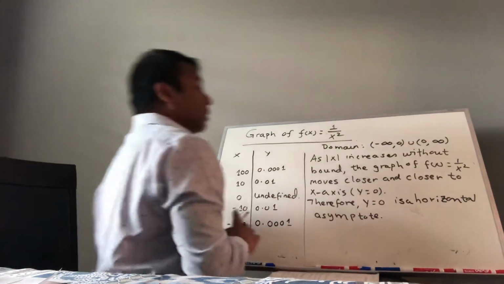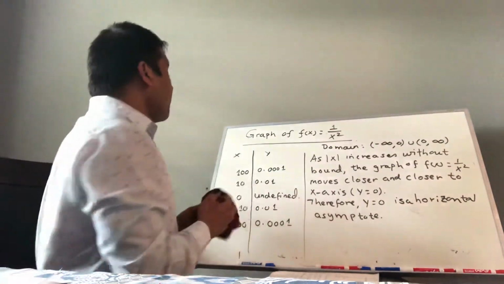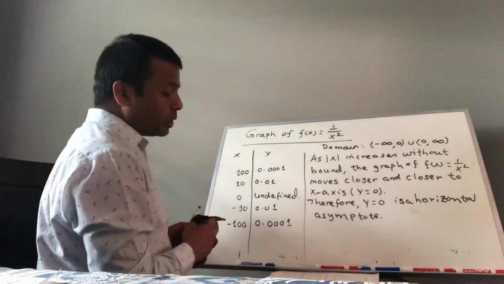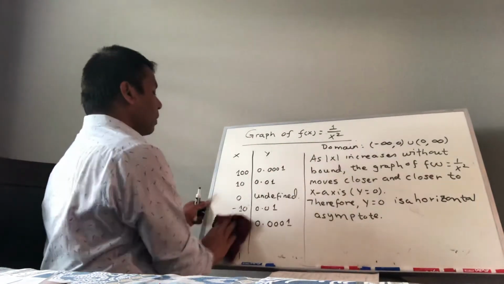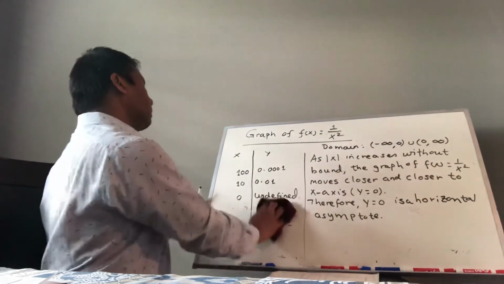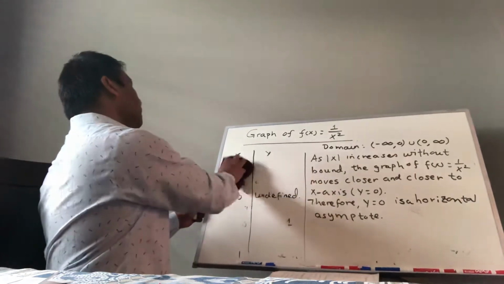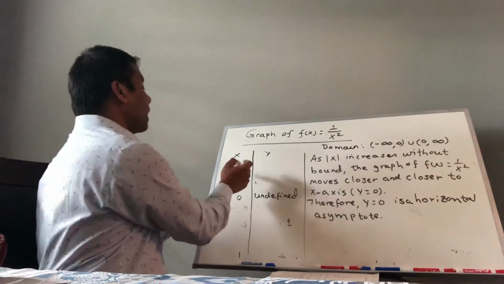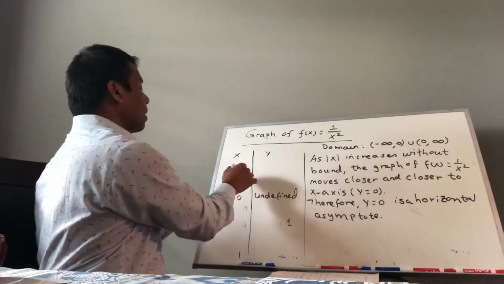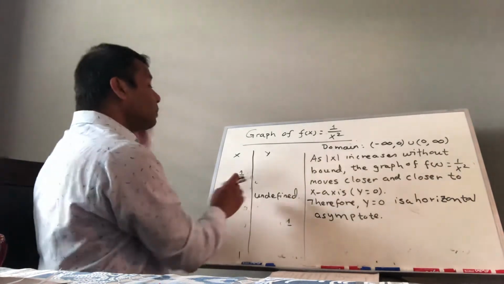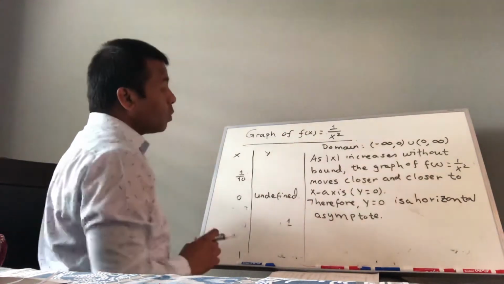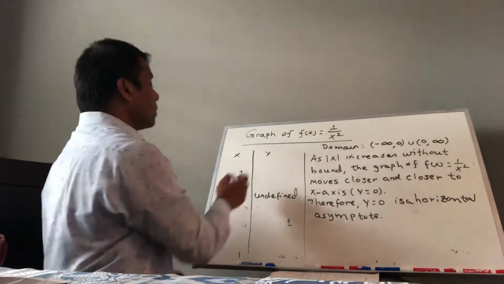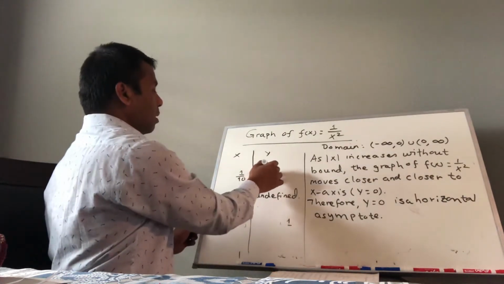Okay, so let's see what will happen as the values of x approach 0. Let's say I have a value of x equal to 1 over 10, and then my y value is 1 over 10 squared, which is 100.